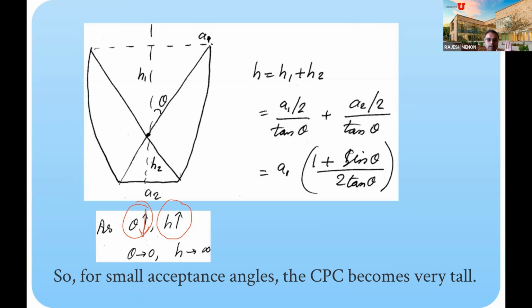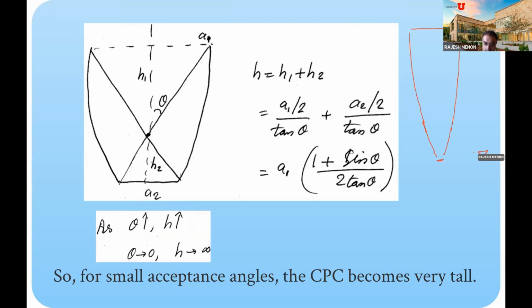But of course, that means that my concentration factor is going down. Again, let me just draw what I just said. I can have a situation with lots and lots of concentration: a very small receiver here and a big aperture here, or I can have a very small aperture here and a small aperture here.